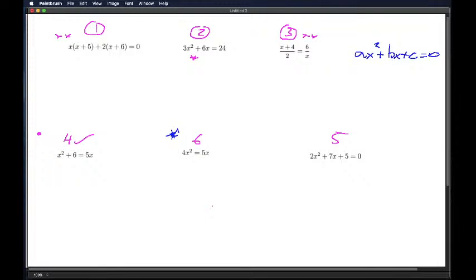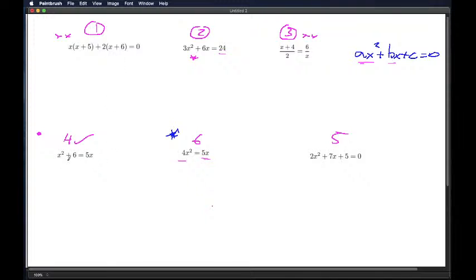So in this example here, I have the ax squared bit, which is here, and the bx, but it's just on the other side. But this is your b. So in this case, your b is 5 and your a is 4. So when I have this scenario where the c is missing, notice that there's no constant number.